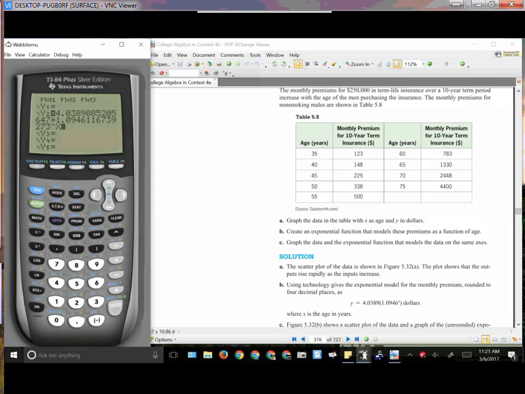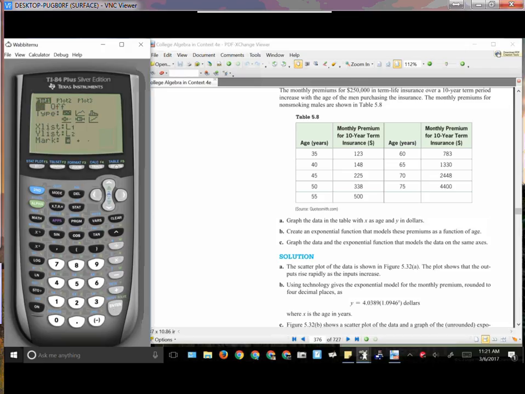So now we can go to window. We'll set that at 30, max out at 80. Values go from 100 up to 5,000. Second, y equals, turn the stat plots on.